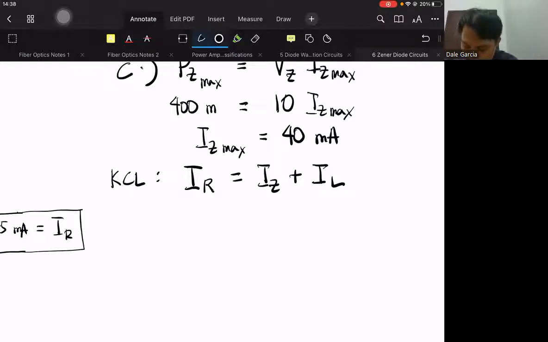IZ here is the maximum value, 40 milliamperes. Once the Zener diode conducts, the 10 volts across it will remain constant.